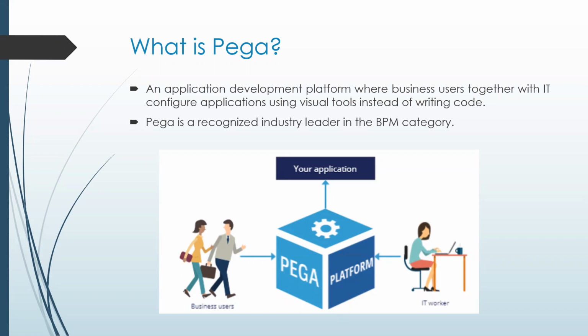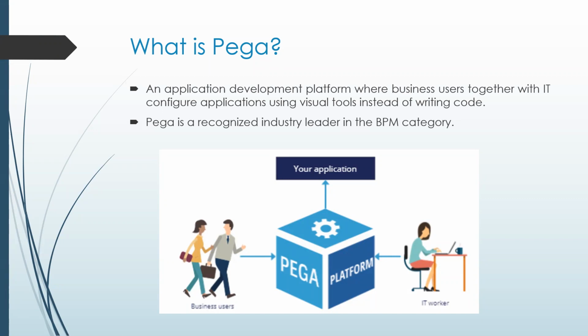In a general perspective, we call BA a business analyst, correct? But when it comes to Pega, we call them business architects. So they're not business analysts, they are business architects. So they would also be involved in your application development. They have a separate studio they would be working on, a studio designated for the business architects.